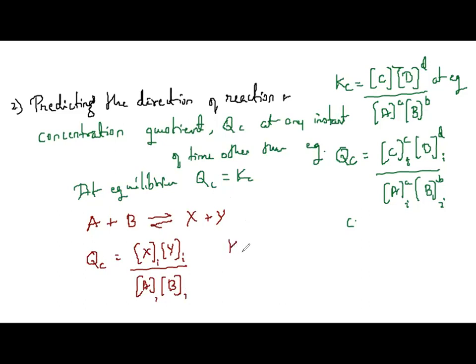And how do you write the equilibrium constant? Kc is equal to the product of concentrations of the products to the product of concentrations of the reactants at equilibrium. Yes or no? This is at any instant of time. So it may be noted that Qc becomes equal to Kc at equilibrium state, when the reaction has reached equilibrium.